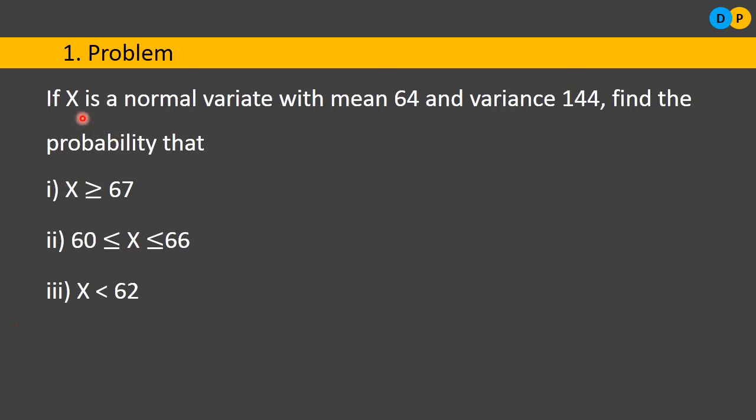If you consider x as a normal variate with mean 64 and variance 144, and you attempt to solve this problem using the normal distribution and the probability density function f of z, you will not be able to solve it. Let us say x is greater than or equal to 67, then x can be 67, 68, 69, 70, 500, 5000, any value.